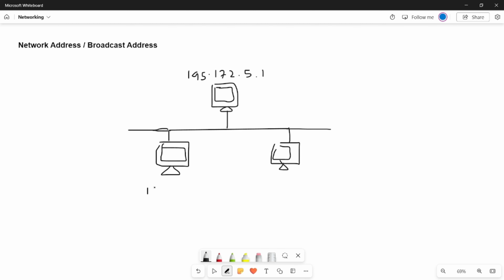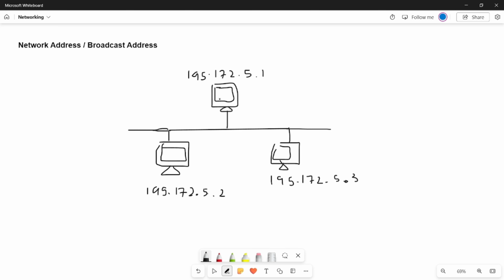This one is 195.172.5.2, and this one is 195.172.5.3. These are the three computers that we can find in this network. These three computers are visible to the internet because they are using public IP addresses. Let's discuss that a few minutes later. So these three machines contain these IP addresses.